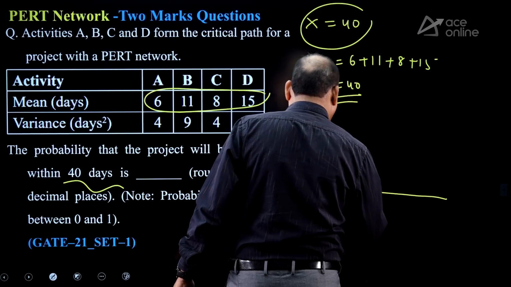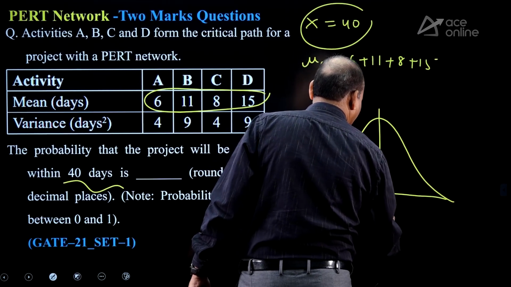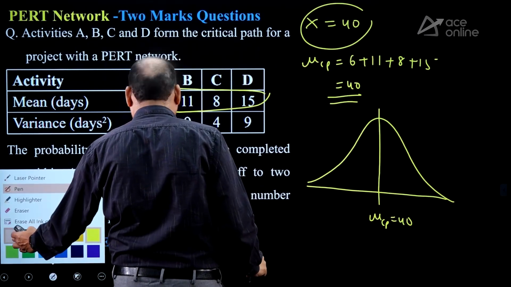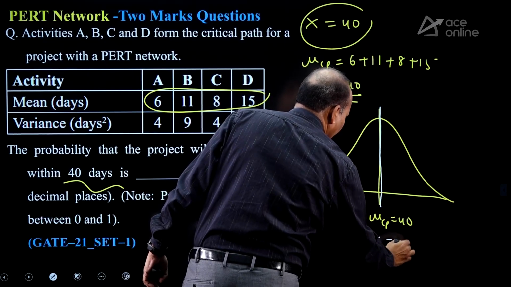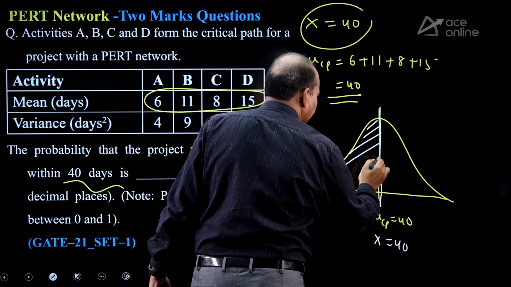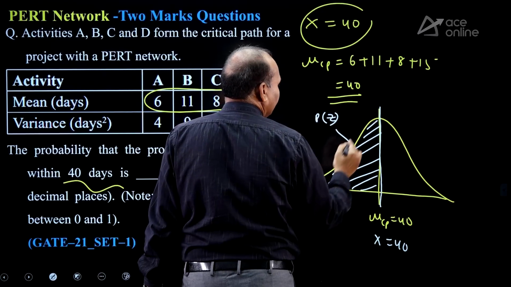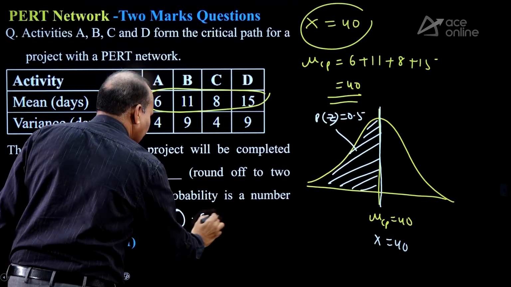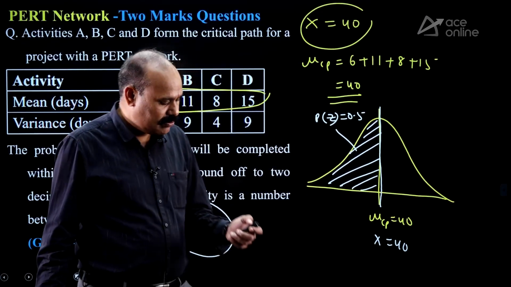No need to do any calculation, directly we can tell: mu Cp 40, x also 40. The probability is 50%. Answer is 0.5. That's it. So be clever enough, like this we can manage.